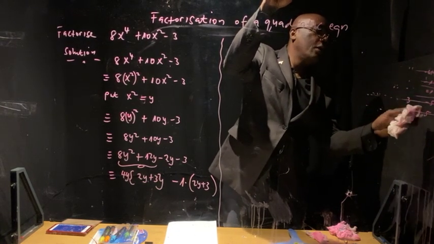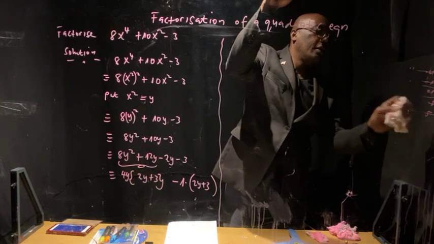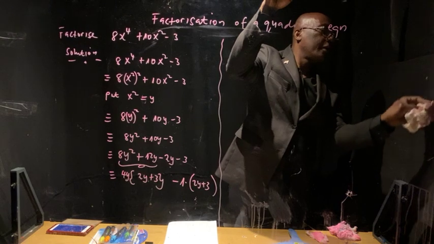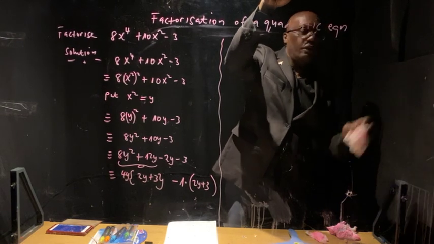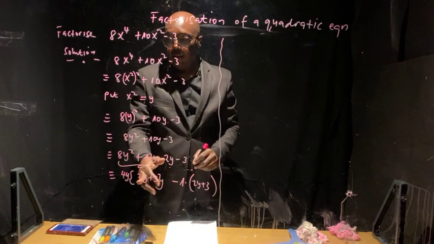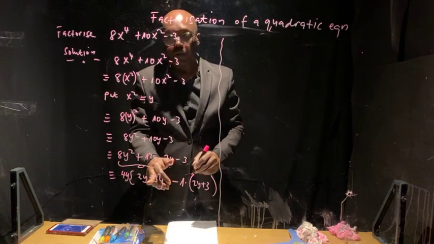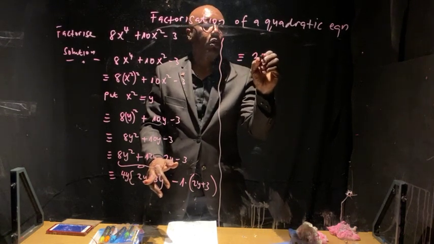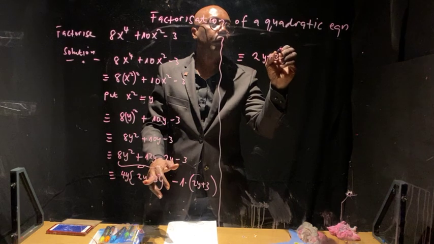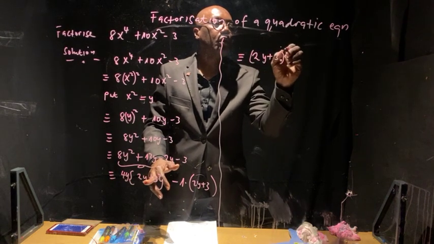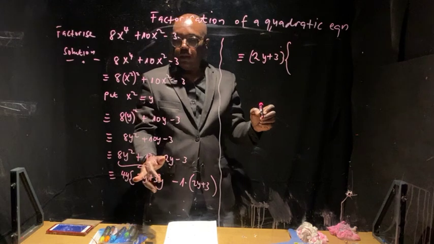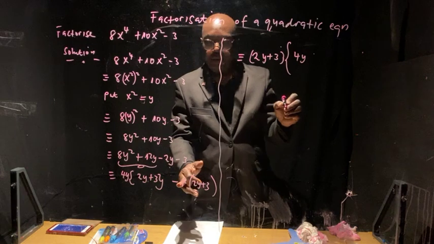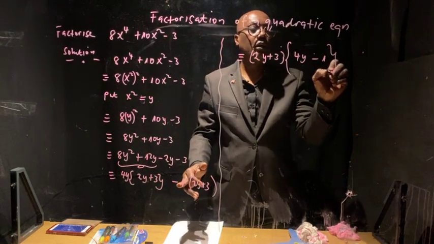So we will take back our space, since every little space matters. Very good. So factorize the common factor out. So we have here is equals to 2y plus 3 being factorized out. Then we are left with 4y minus 1. Good.